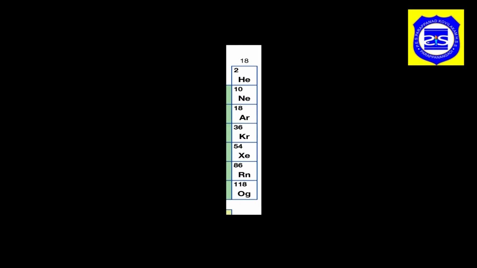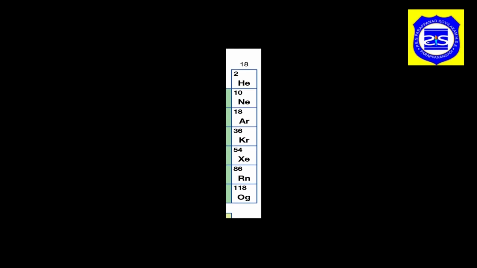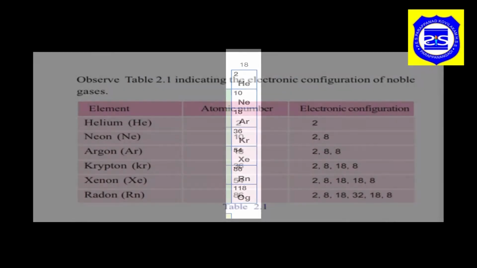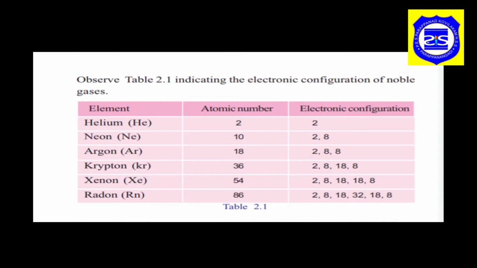What might be the reason for calling them noble gases or inert gases? Observe this table. These are the group 18 elements. Which are the elements in group 18? Helium, neon, argon, krypton, xenon, radon, etc. What is the peculiarity of these elements?